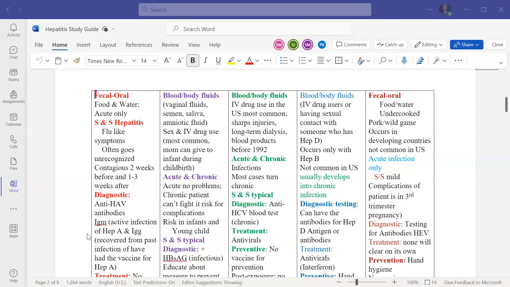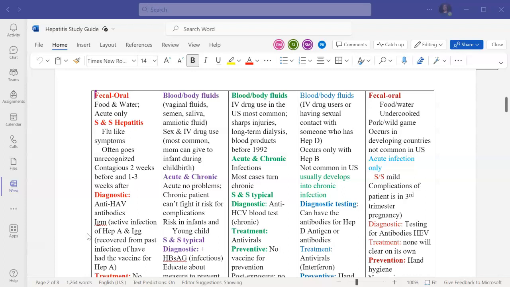And then we see hepatitis B and D are going to be very similar because they are both from blood and body fluids. And then there's hepatitis C that is from blood and body fluids as well.